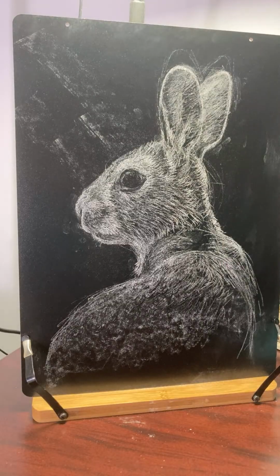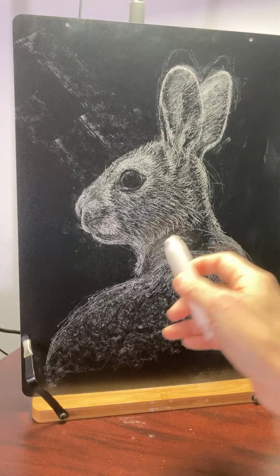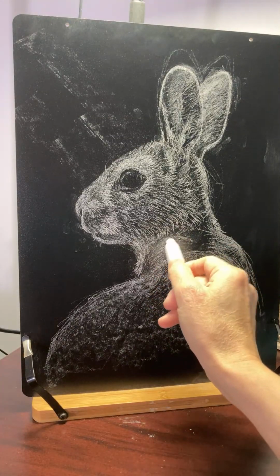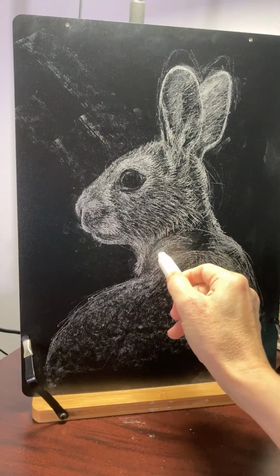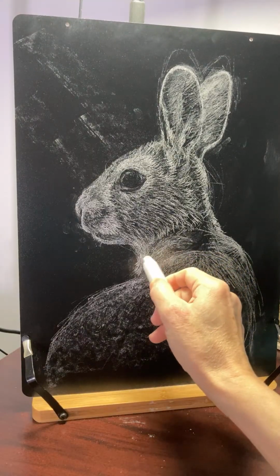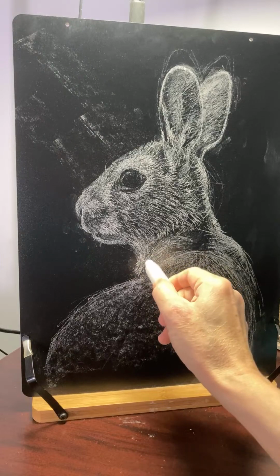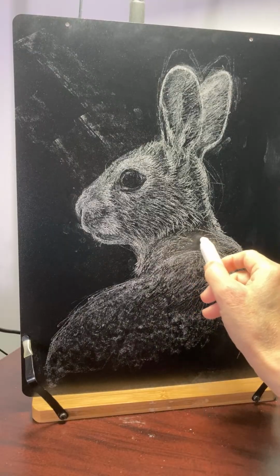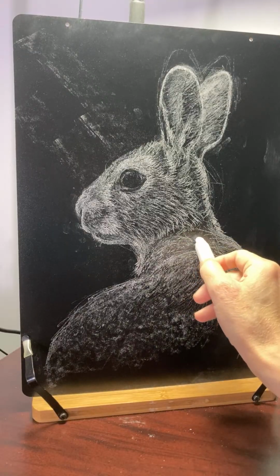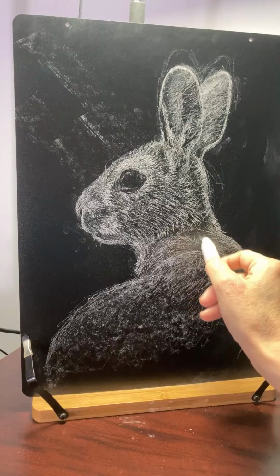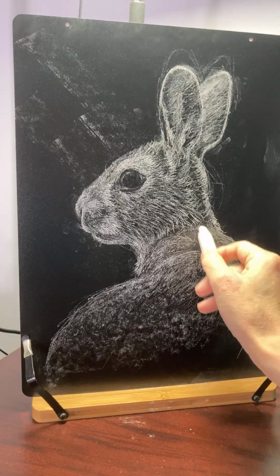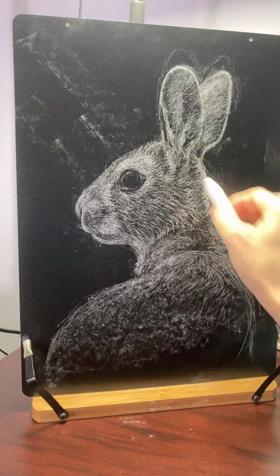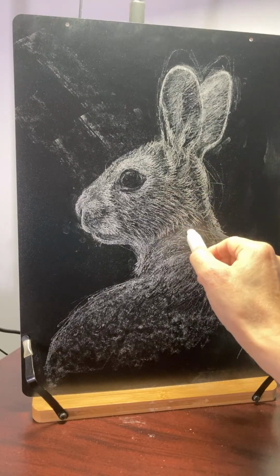Okay, so I got the face. Then I will draw her body now. You just draw based on how their hair grows, the direction of how the hair grows. So we have it divided into two parts, one part here, one part here.